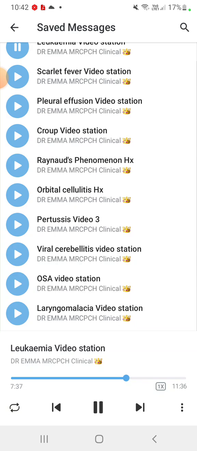What are the poor prognostic factors of acute leukemia? First, age less than 1 year or more than 10 years.